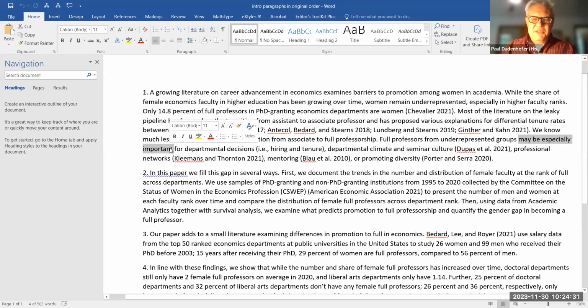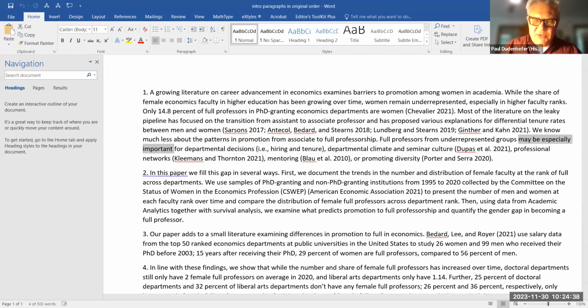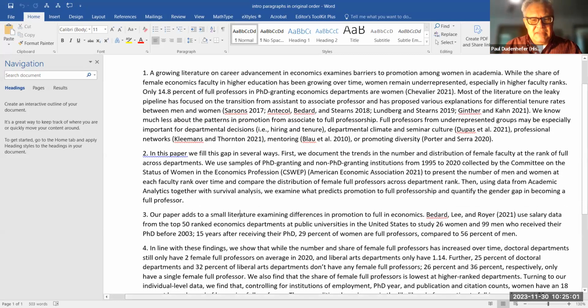So I'm just telling you that in building a case for what you're doing, which is one of the things you want to do in an introduction, you typically have to resort to these words and phrases that are subjective. I mean, they're a matter of interpretation. Okay. Questions or comments about this? If you do, put them in the chat.